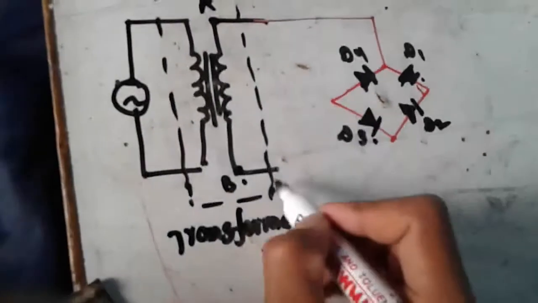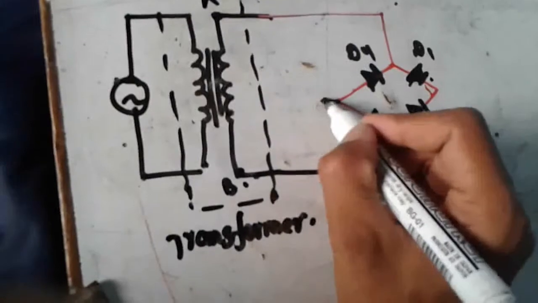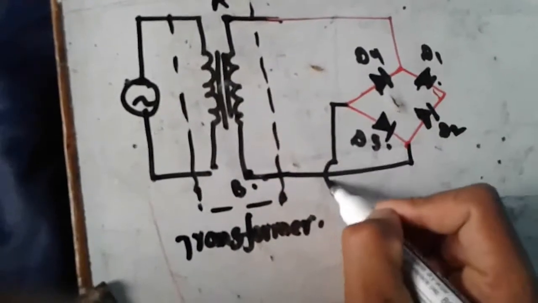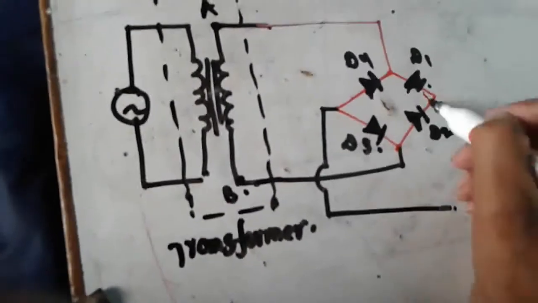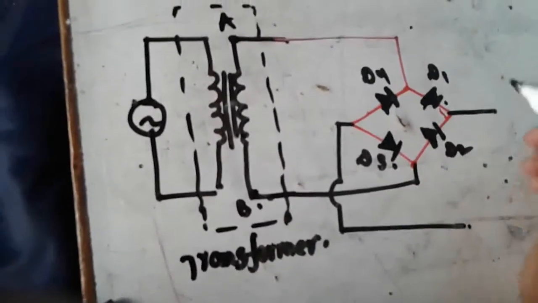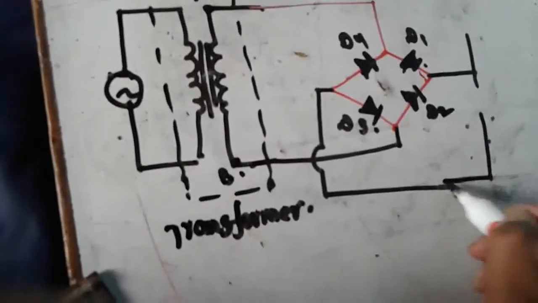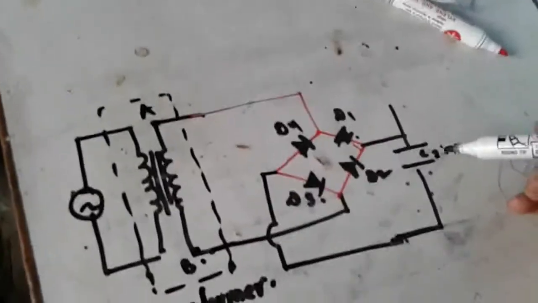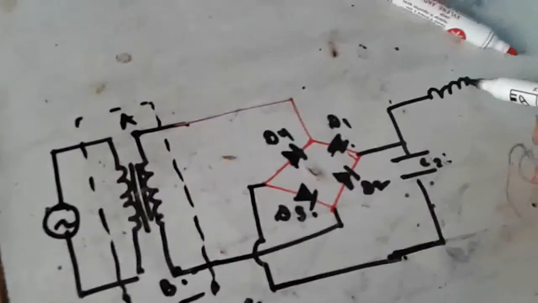Now it will be a connection. It will go on, and here you can see a capacitor, one capacitor, and now here will be an inductor.